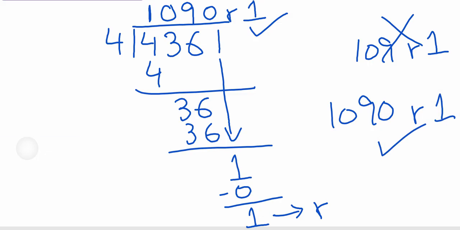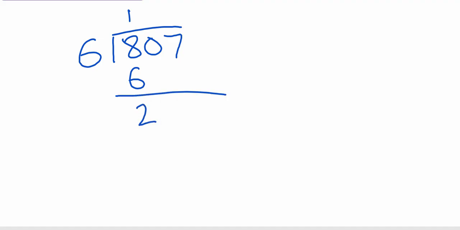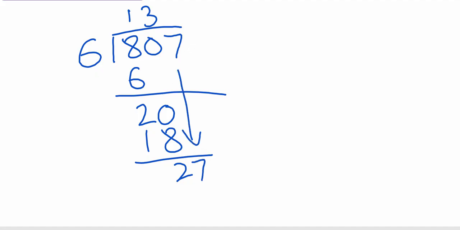Okay, now we will do a question when we have a 0 in between. Divided by 6. 6 1 times is 6. 2 left, 0 will get down. 6 3 times is 18, 2 left, 7 will get down. 6 4 times is 24 and 3 will be the remainder.